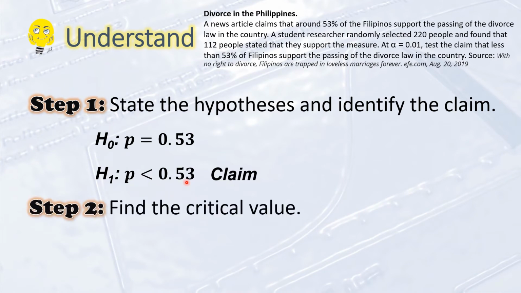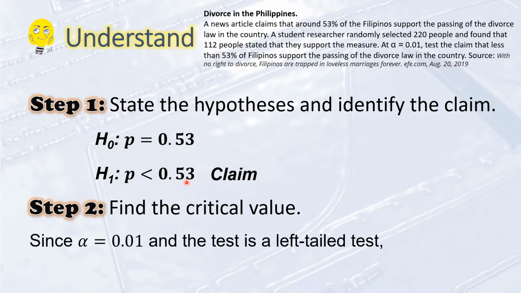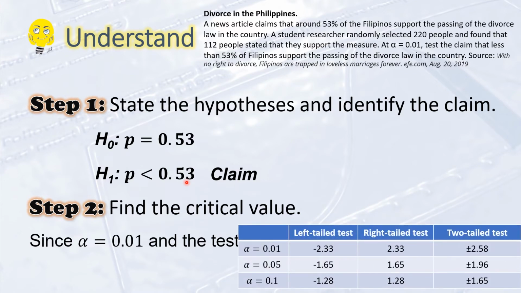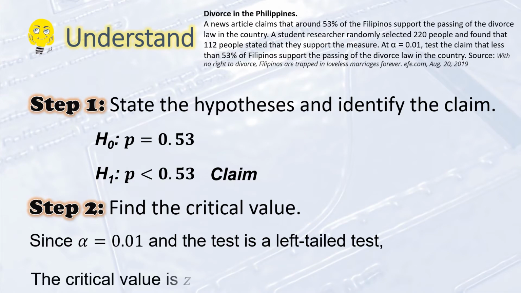For step 2, we find the critical value. At alpha 0.01, the test is left-tailed. Then we have negative 2.33. Therefore, the critical z value is negative 2.33.